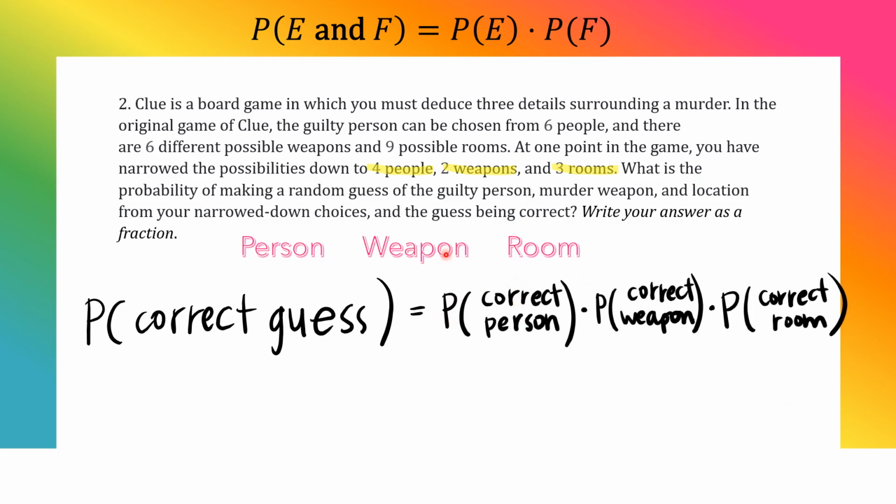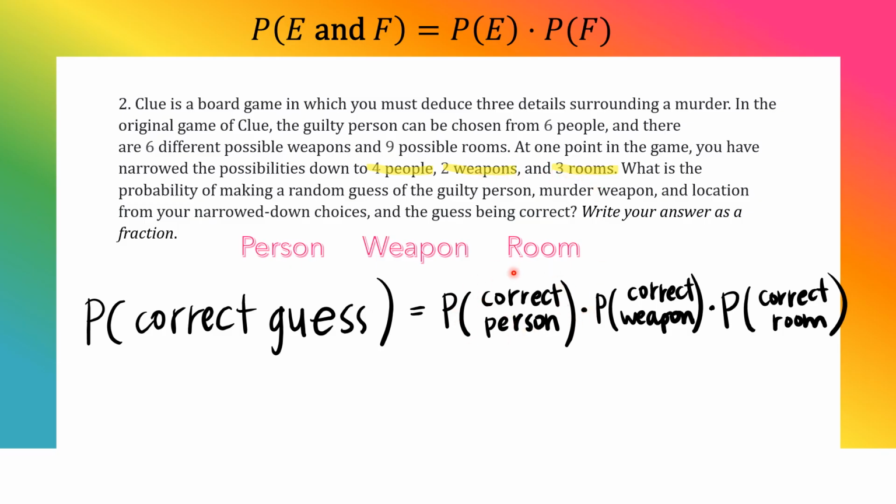Now we have to assume that while we're playing the game, because it says at one point in the game we've narrowed down the possibilities to 4 people, 2 weapons, 3 rooms, we've done all that correctly. So we assume that we have correctly eliminated the other choices and that there truly are only 4 choices left for people, 2 for weapons, and 3 for rooms.